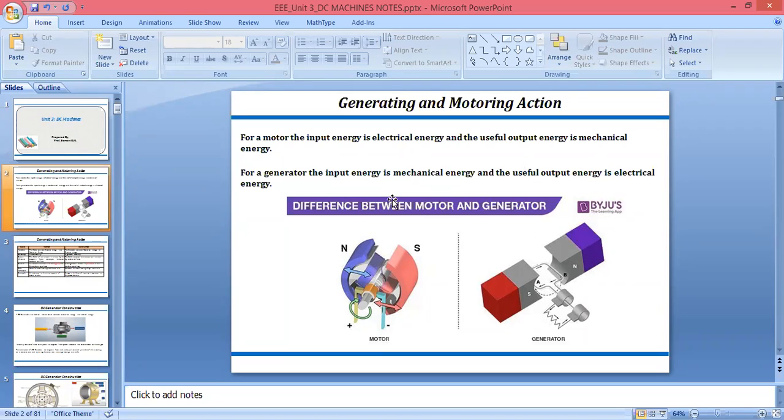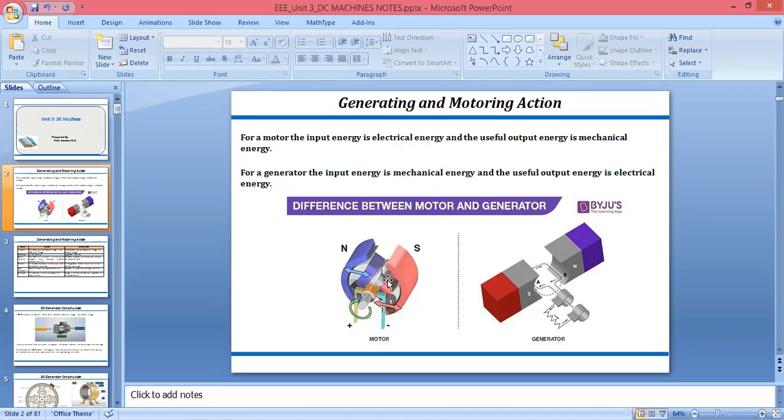So for the motor, the input energy is, what is the motor doing? It is converting electrical into mechanical. So here input will be the electrical energy and we will get output as mechanical energy. So this is the difference between DC motor and DC generator.